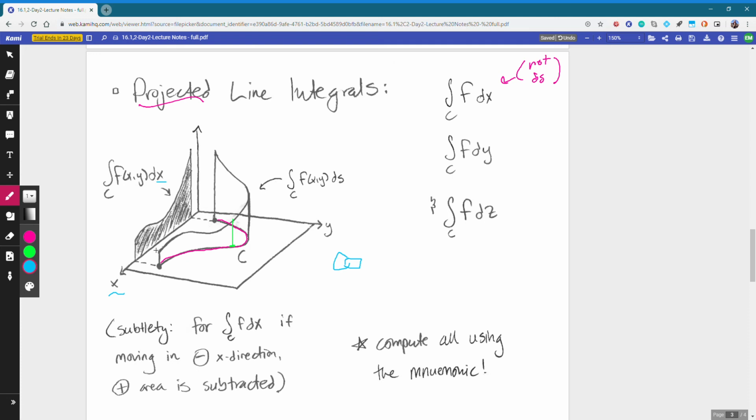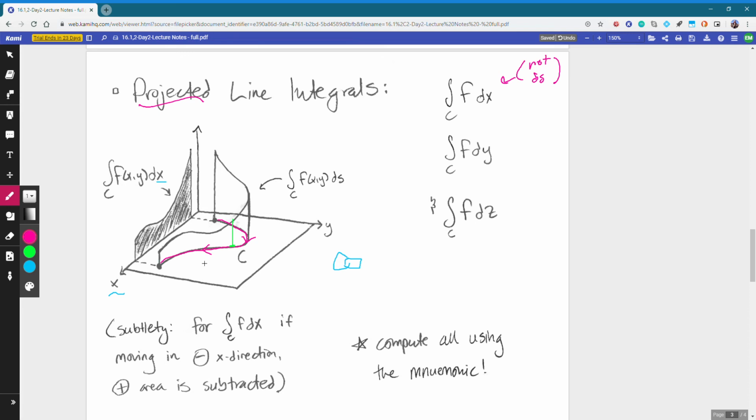And we're more or less computing the net area of this shadow, of this projection of our ribbon with this line integral with dx. And I say more or less because there's a little bit of a subtlety here. As we move along our curve, let's say we're moving in this direction, we're always moving in the positive x direction.